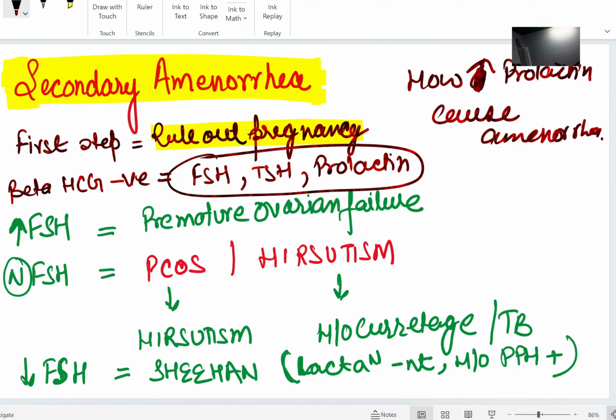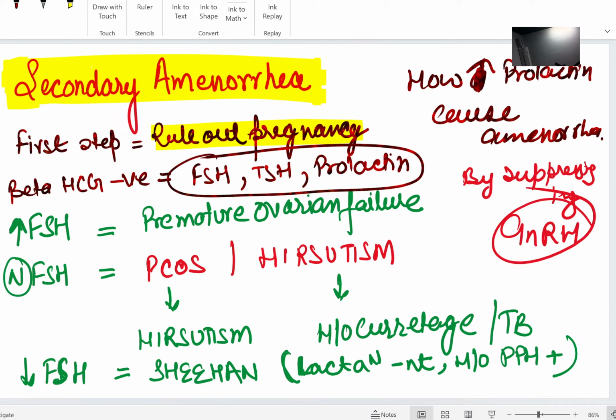It causes amenorrhea by suppressing gonadotropin releasing hormone.